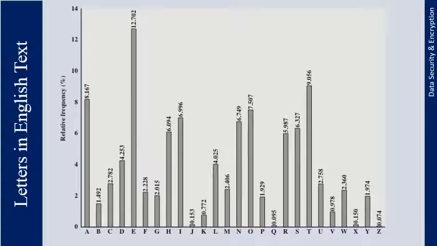Therefore, if the message is long enough, this technique alone might be sufficient. For example, if you have a large file, you can use these techniques to get the pattern of the text.